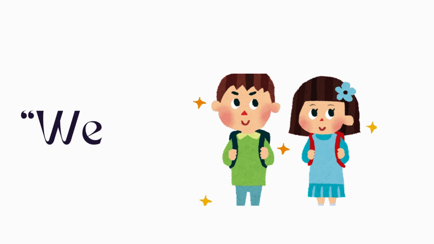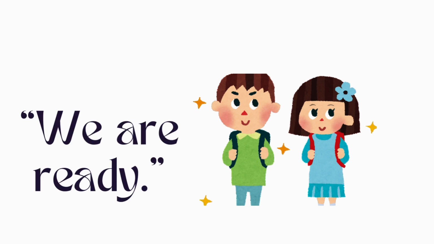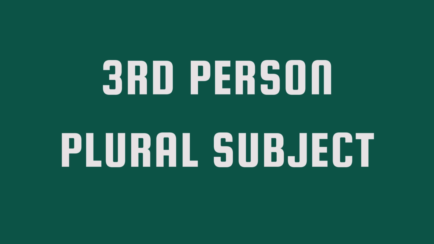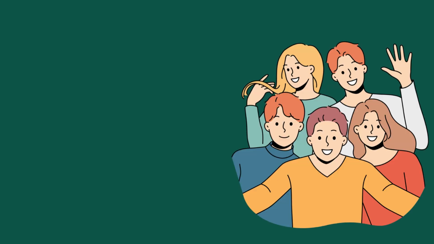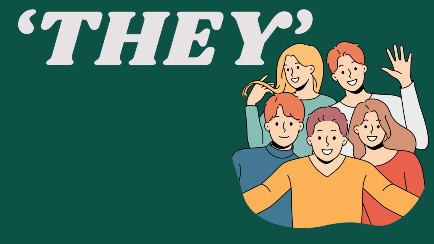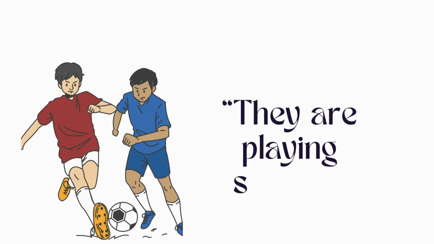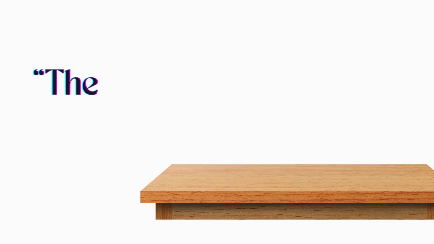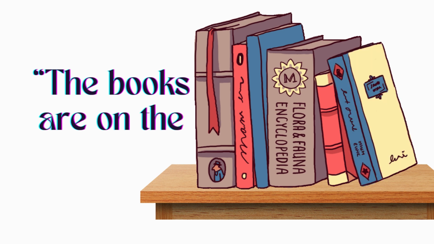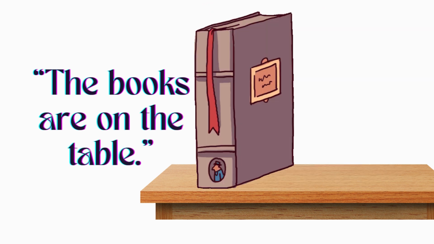So we have something like, we are ready. Are is also used with the third person plural subject, they. They are playing soccer. It is also used with other plural nouns. So we have something like, the books are on the table.